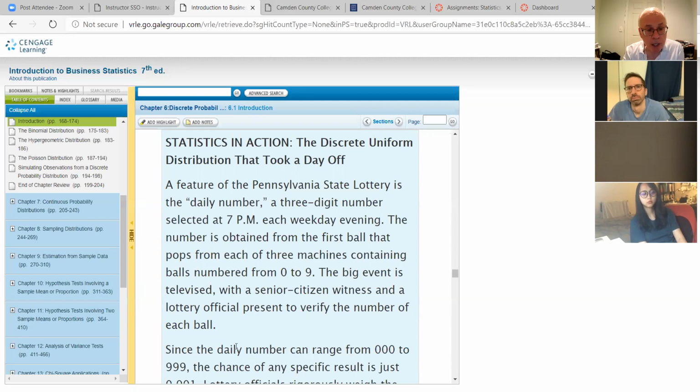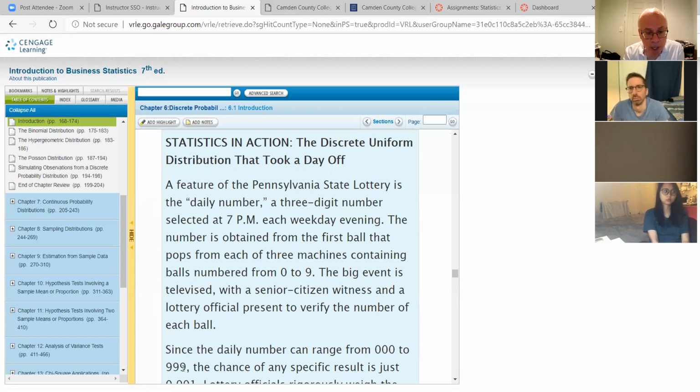What's the probability of getting the 0? Well, getting a 0 in the first position would be 1 out of 10. And then the second 0, 1 out of 10 again. The third 0, 1 out of 10. So what's the probability of getting 0, 0, 0? It's 1 out of 10 cubed, which is 1 out of 1,000.